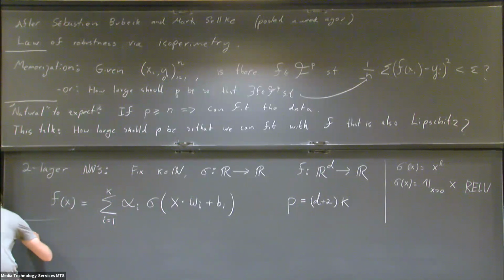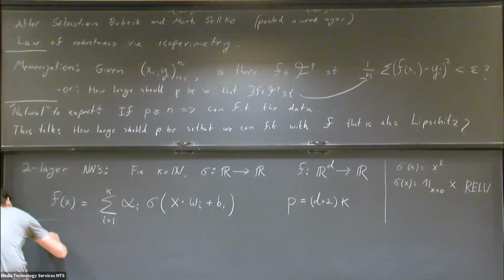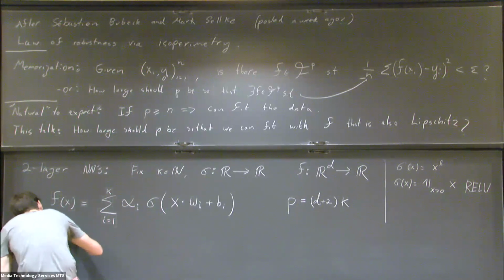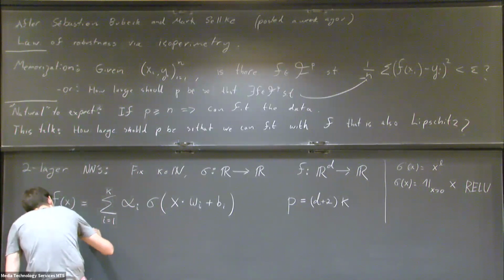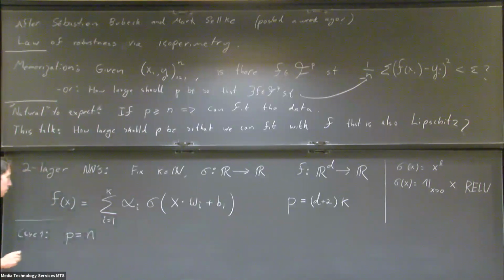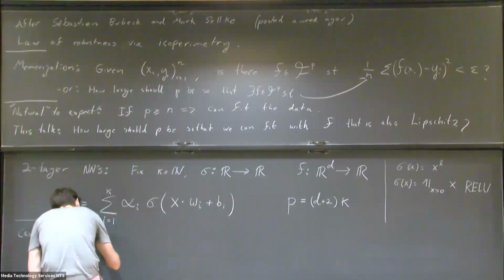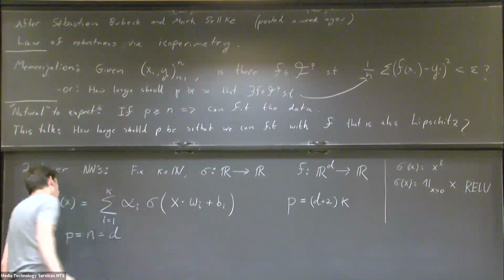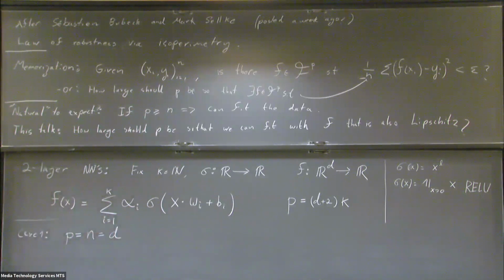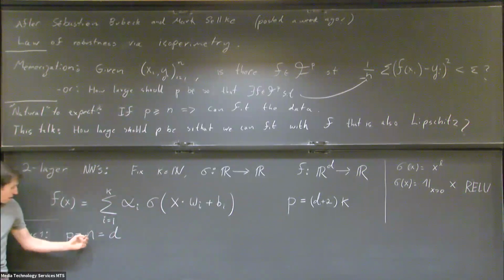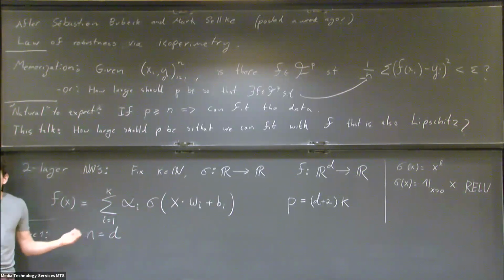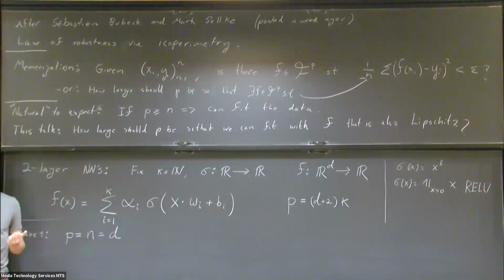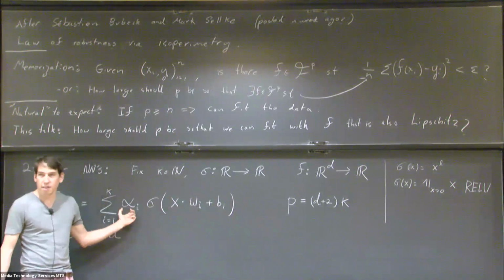So case 1, I want to look at the case where the number of degrees of freedom is exactly equal to n, and I want this also to be equal to the dimension of the space. So I have d points in R^d, and I want to fit them using these guys.